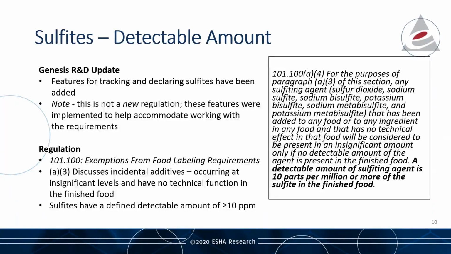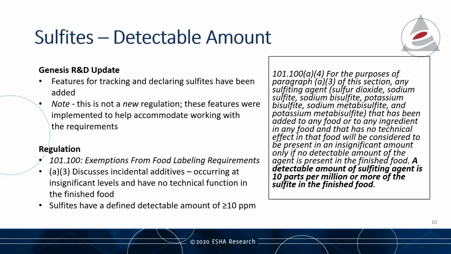So in general, with food labeling, the ingredient list would identify those sulfiting agents, and there are several specifically outlined in the CFR in the exemption section. That's 101.100, which discusses when you don't have to list incidental additives in the ingredient list of a finished food. With sulfiting agents, the CFR mentions items like sulfur dioxide, sodium sulfite, sodium bisulfite, and a few others specifically.